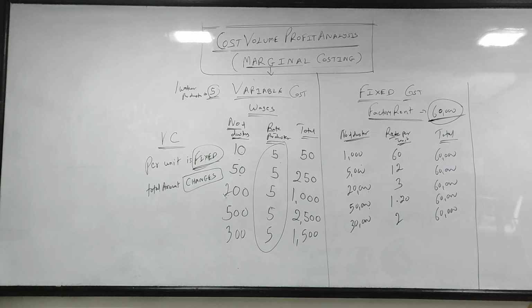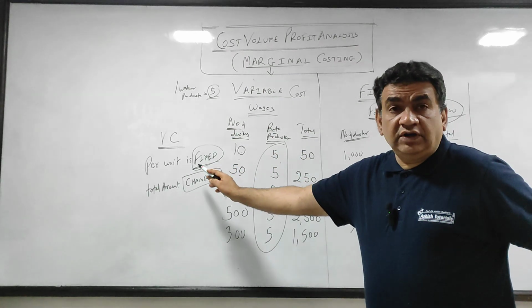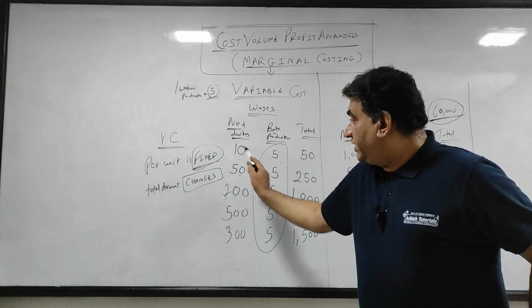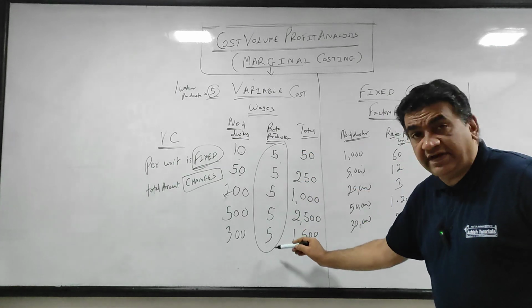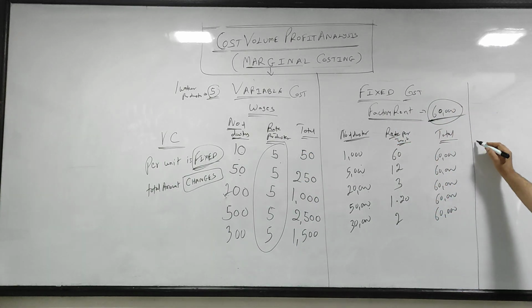Now listen. Now understand. Variable cost क्या था? Per unit fix, सब जगह 555 था. Fixed cost देखो, changes.